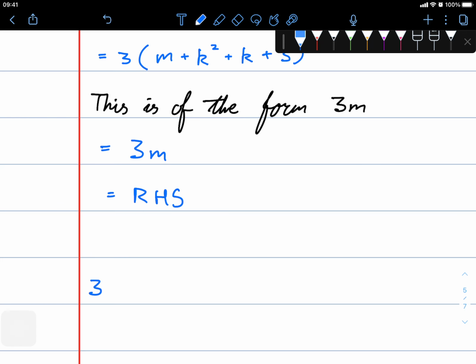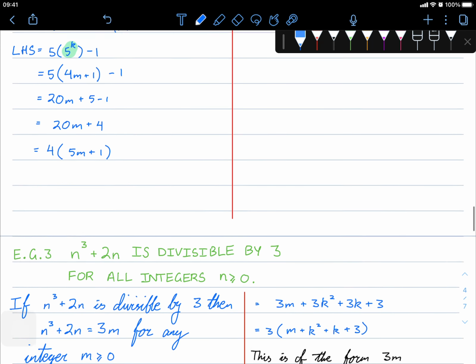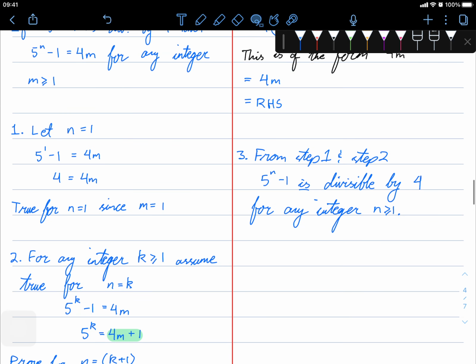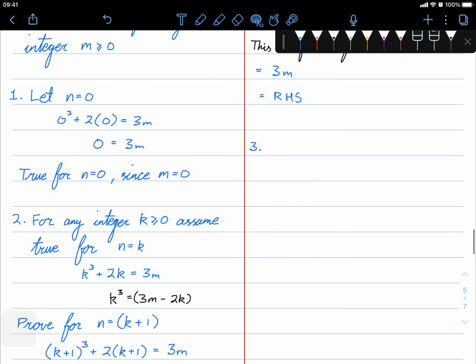So for the third step, I'm just going to take this to make it a little bit easier for us, to save us some more time.